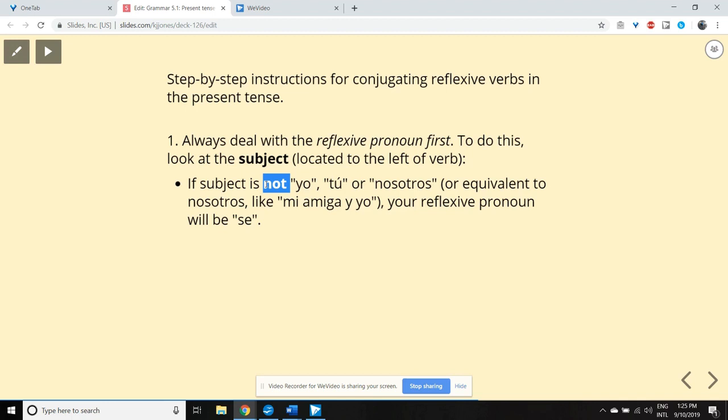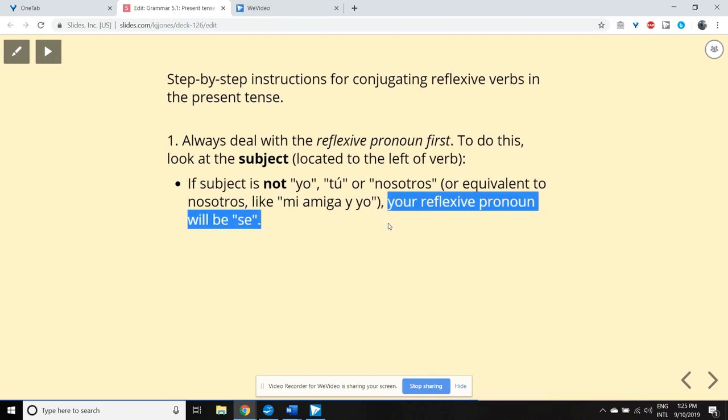If the subject is not yo, tú, or nosotros, your reflexive pronoun will be se, because if it's not yo, tú, or nosotros, you have a third person subject. And our third person reflexive pronoun, whether that subject is third person singular or third person plural, is se.